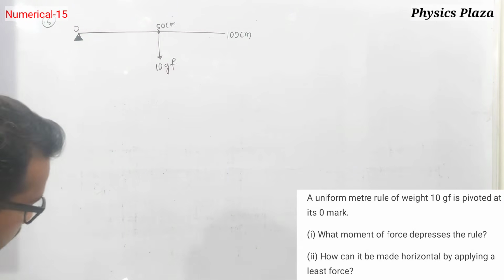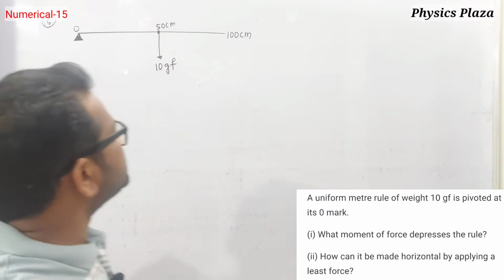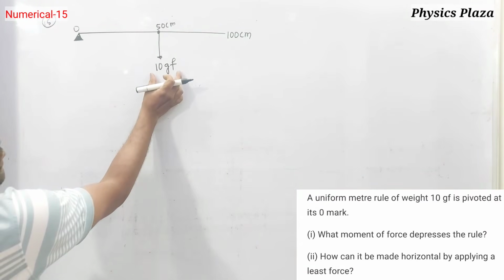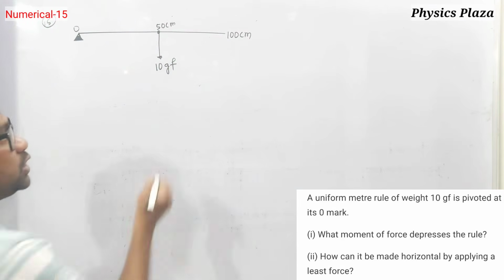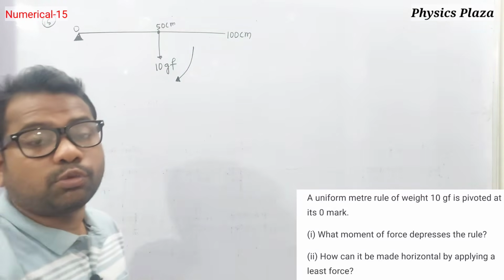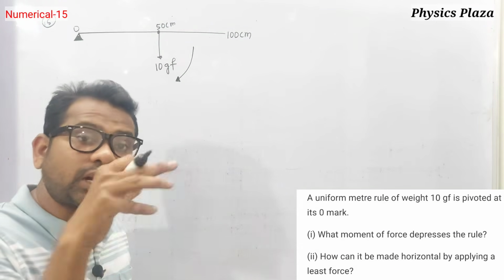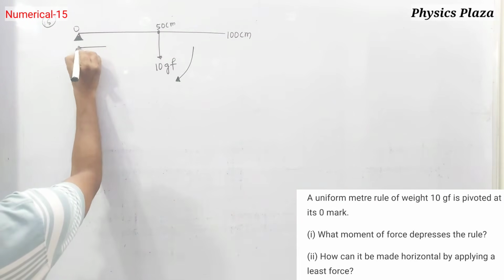Now they are asking what moment of force depresses the rule. So obviously, try to understand, due to this 10 gram force it will try to depress in the downward direction. That means a clockwise moment of weight is produced. So we need to calculate how much and in which direction. Children, this perpendicular distance is how much?